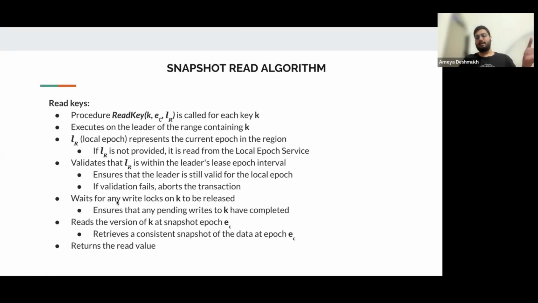After that, you wait for any write locks on K to be released, since again, you don't want any conflicting transactions, plus you want strict serializability as well. After that, you read the version of K, which is the snapshot epoch EC, since that's the snapshot the transaction is committed at. Then you retrieve a consistent snapshot of the data at epoch EC and return the read value. You do this for all regions.